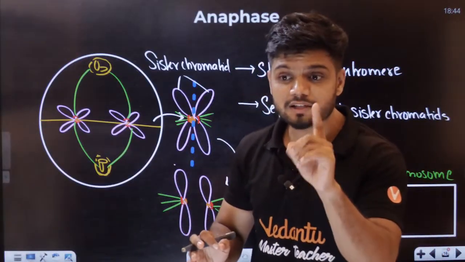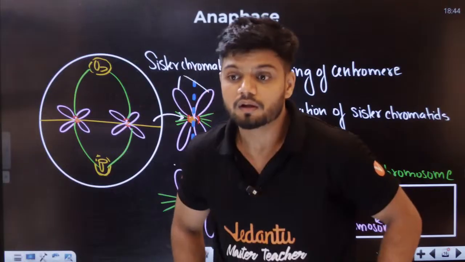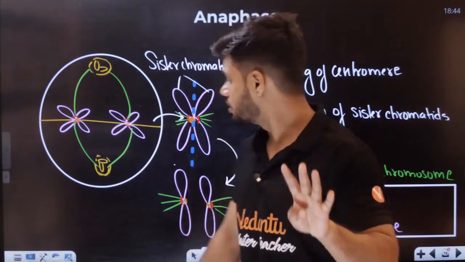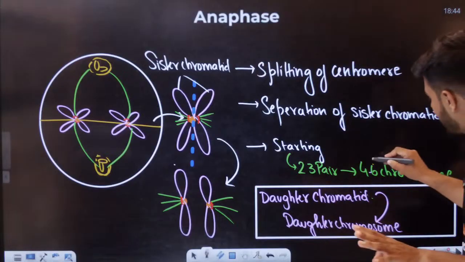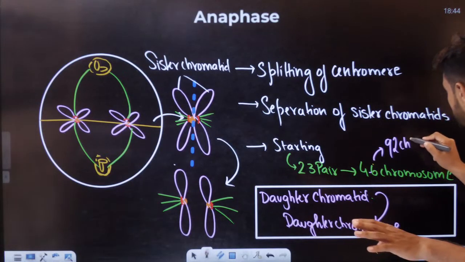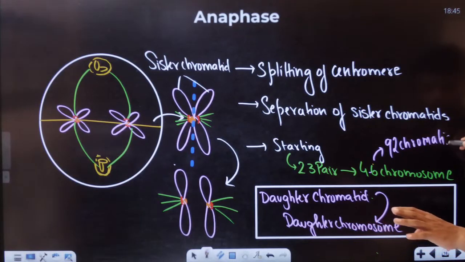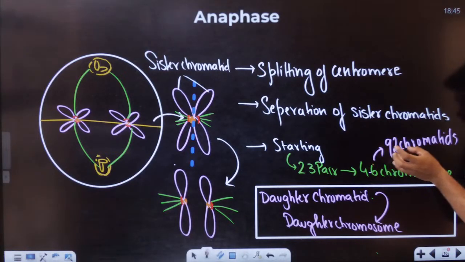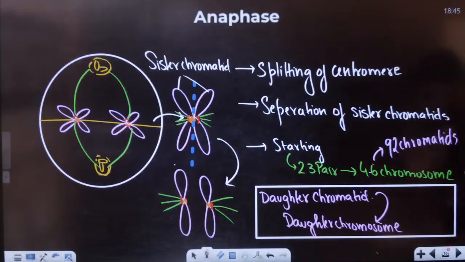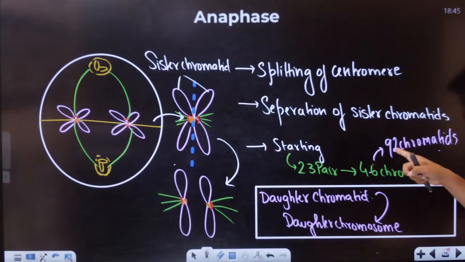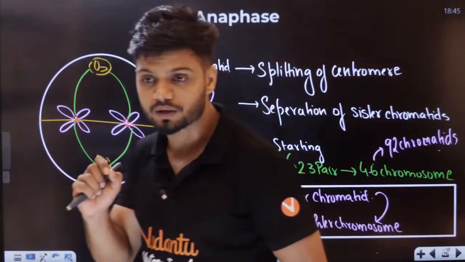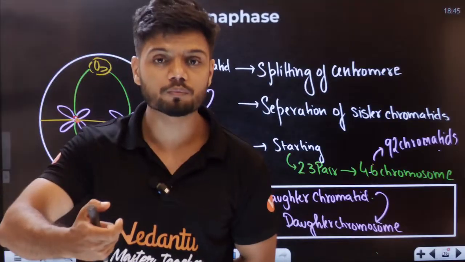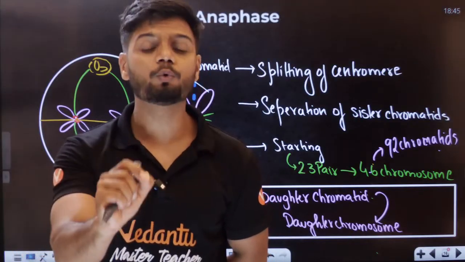Now, students, can anyone tell me, technically speaking, we had 46 chromosomes, and we had 92 chromatids here, because every single chromosome in the starting had 2 chromatids. Now I am telling you, every single daughter chromatid right now, after splitting, is a chromosome. So how many chromosomes do I have right now temporarily in anaphase?